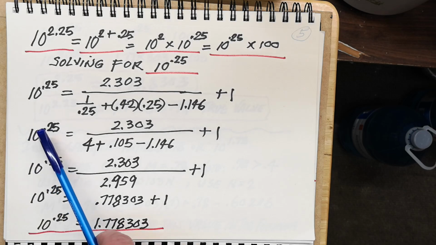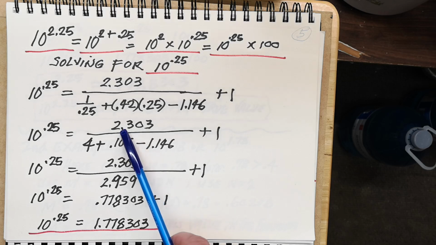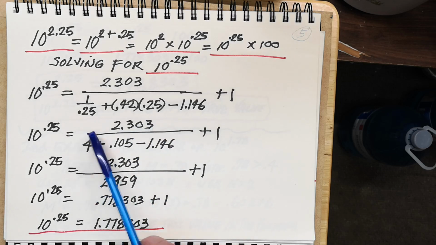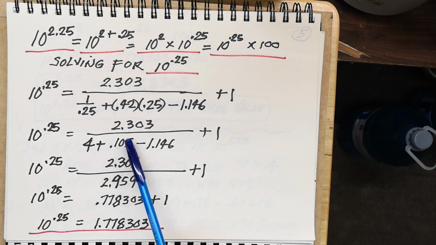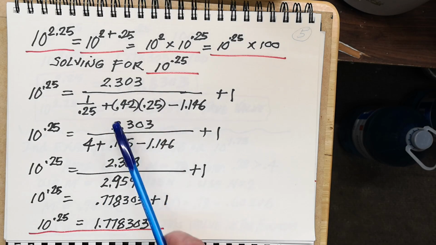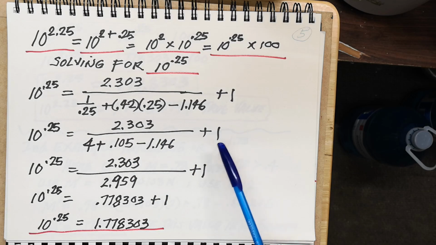So 10 to the 0.25 is equal to 2.303 divided by (4, this is 1 over 0.25, plus 1.105, that is the product of this, minus 1.146), plus 1.